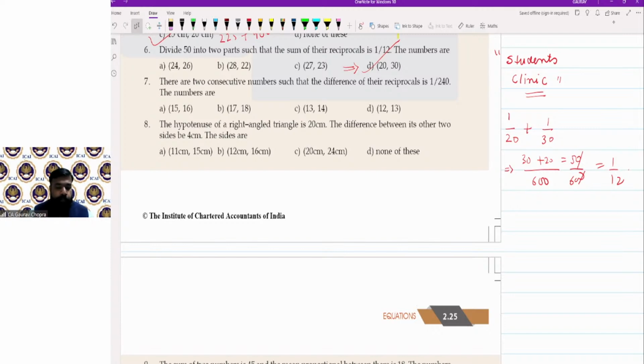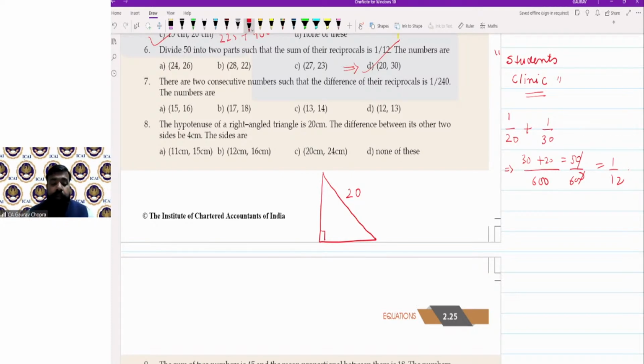Then eighth one. The hypotenuse of right angle triangle is 20. So if there is a right angle triangle, the hypotenuse is 20. The difference between its other two sides be 4. Then we have to find out the sides.